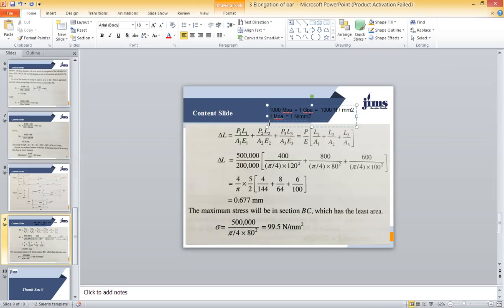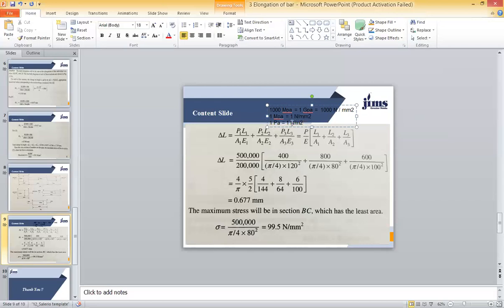In a similar way, 1 pascal is equal to 1 Newton per meter square. Remember that.